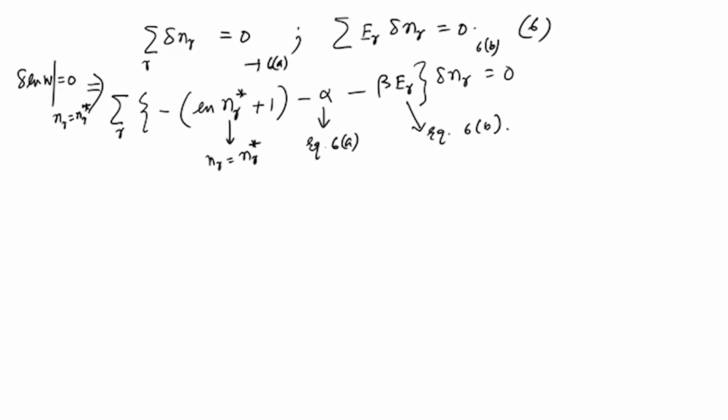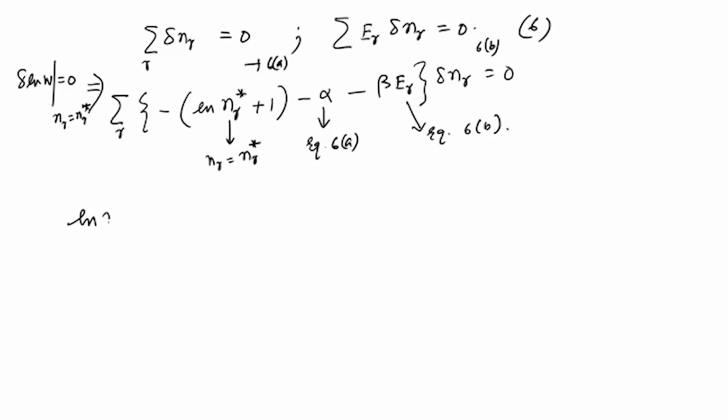All right. Now, for satisfying this equation which has a right hand side equal to 0, the only way it can be satisfied is that the term in the curly bracket is equal to 0. There is no other way, because delta NR is arbitrary, not equal to 0. That is any arbitrary small fluctuation in the number of particles in each energy state.